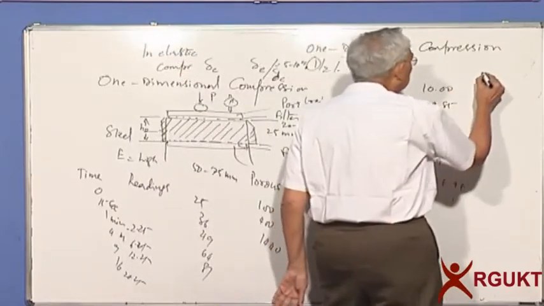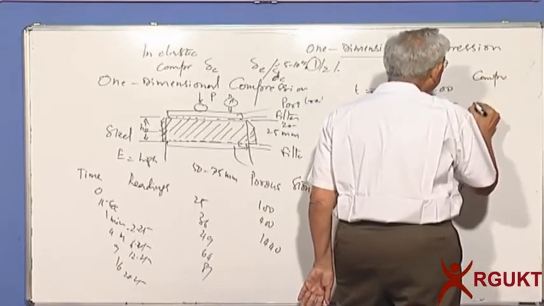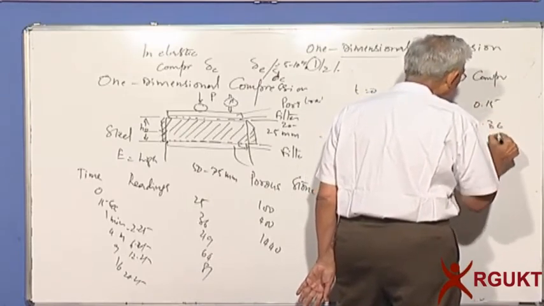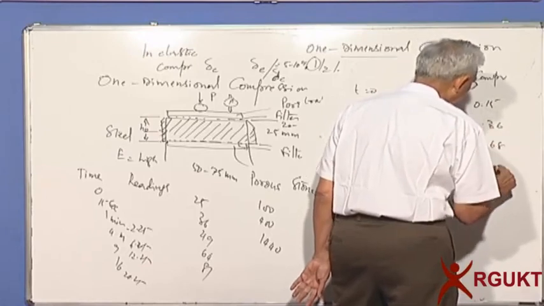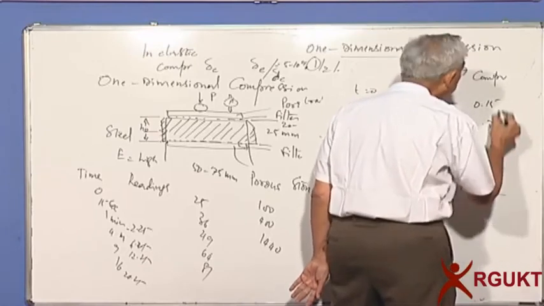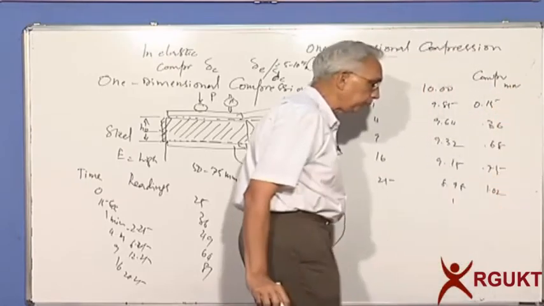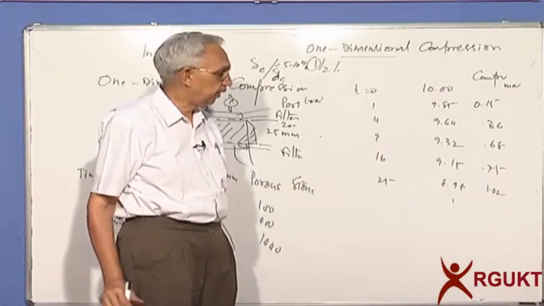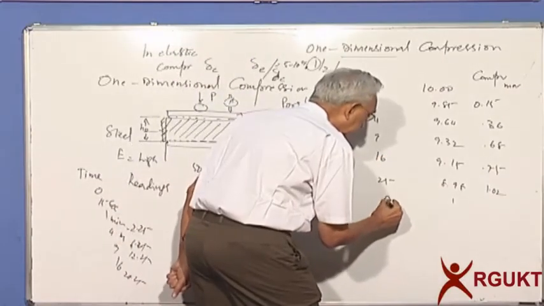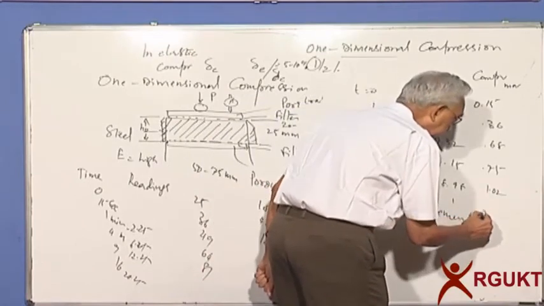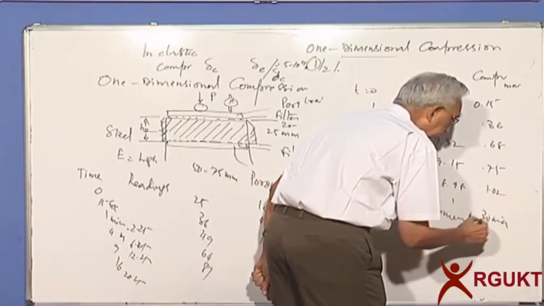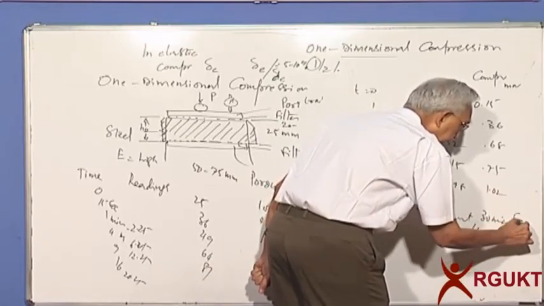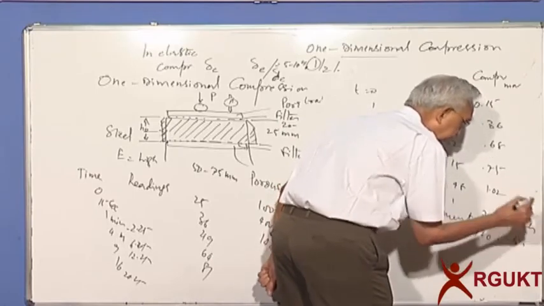And so I can say compression is equal to 0.15 millimeters, and here is 0.36, 0.68, 0.75, 1.02, etc. in millimeters, let's say. So you can plot with respect to time how much settlement is taking place, and then I'll take the final settlement. This could be after 30 minutes in case of sands, or after 1 day in case of clays. This is for coarse grain material, this is for fine grain material.